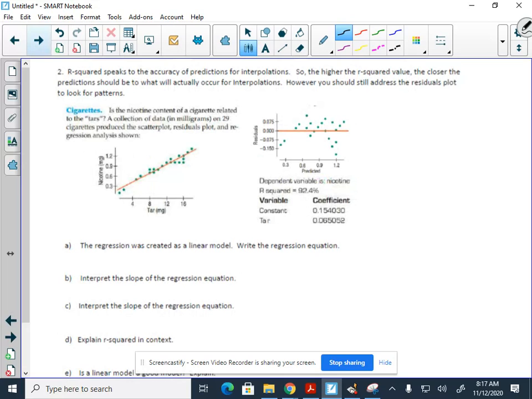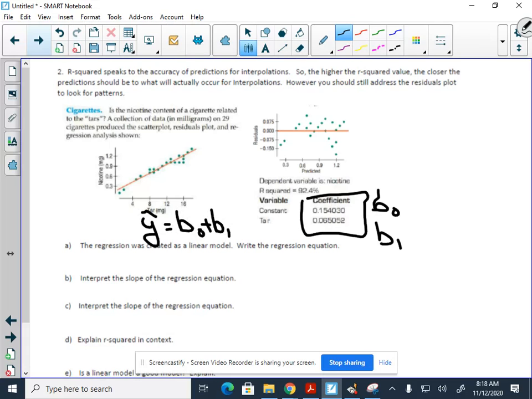So number 2. Write the regression equation. Just going to jump in right away. Remember when you see these, you see the coefficients. The first one is B0. The second one is B1. So y hat equals B0 plus B1 x.